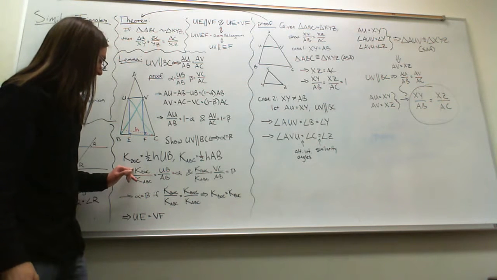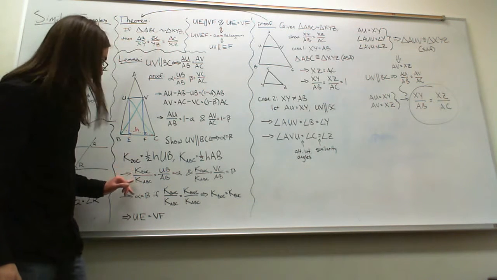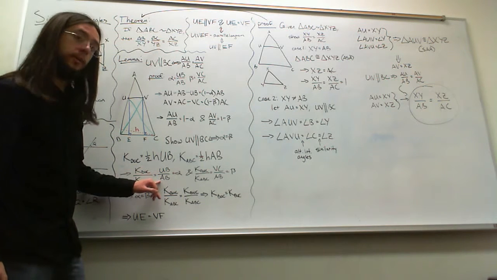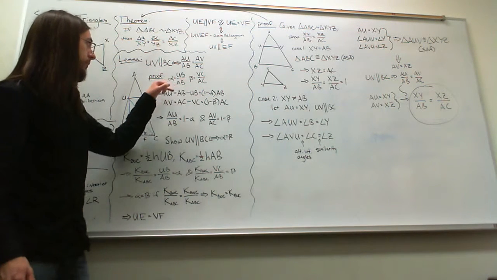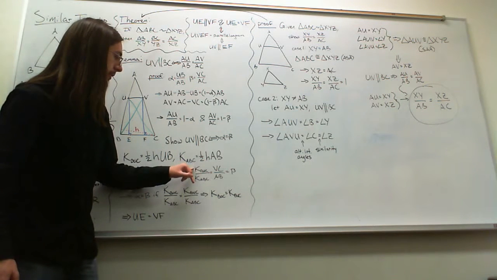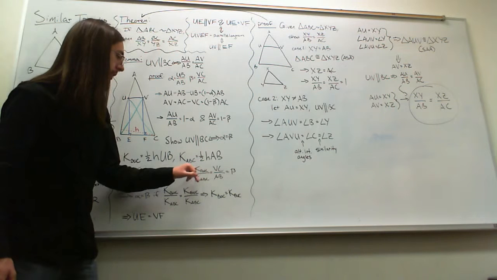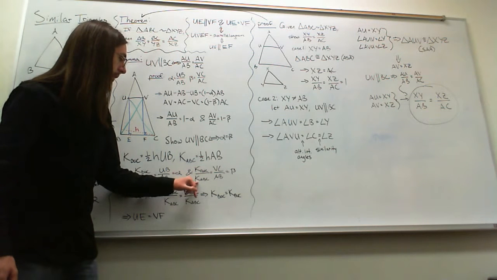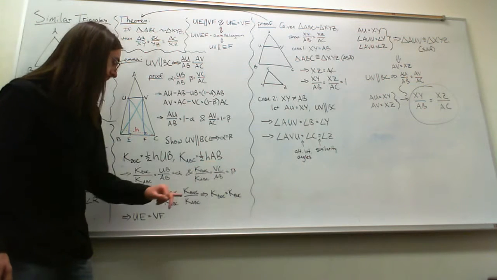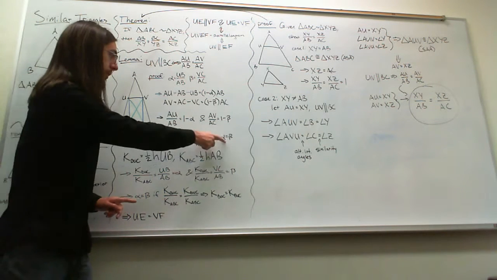If we divide the area of triangle BUC by ABC, we get UB over AB, which is what we defined alpha to be. And if we divide K_BVC by K_ABC, we get VC over AC, which is equal to beta.